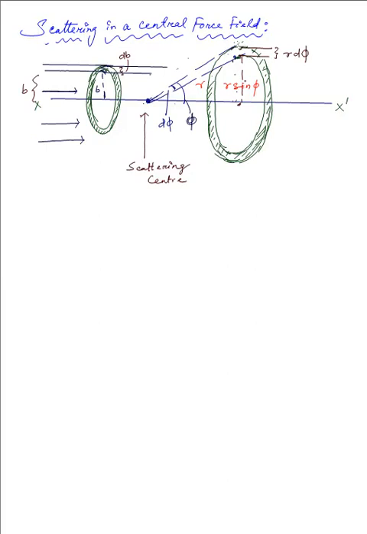Now, dealing with central forces, we may also consider the scattering in a central force field. Now, the problem of scattering of particles at atomic scale in a central force field is extremely important in modern physics.